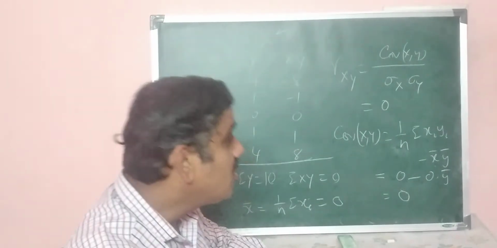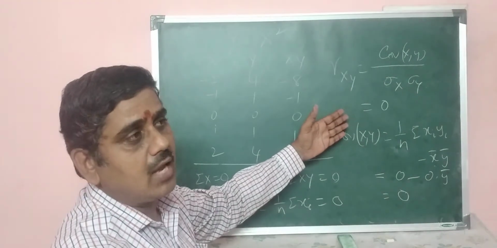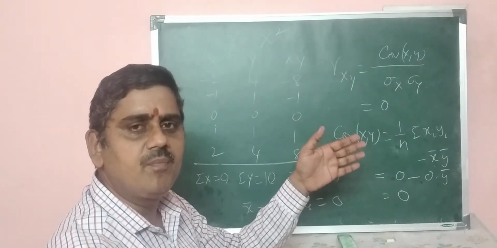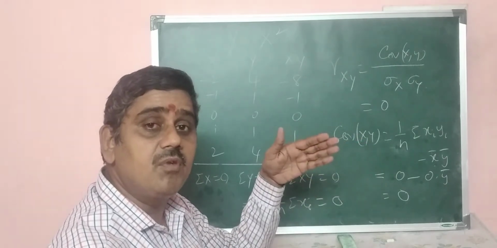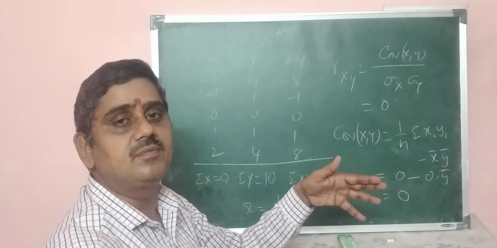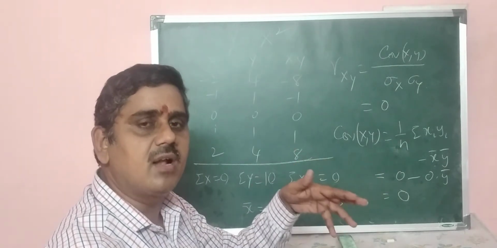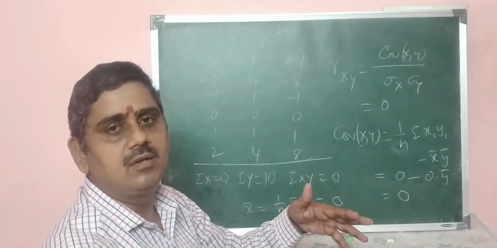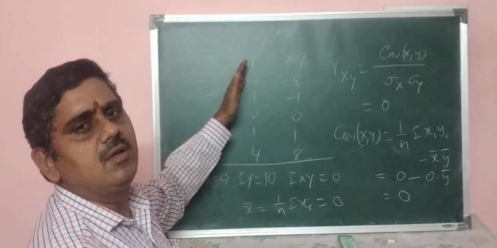So therefore, if rxy is equal to 0, then those are two uncorrelated random variables, which need not be independent. That is, uncorrelated variables need not be independent, because there is one kind of relation that exists.